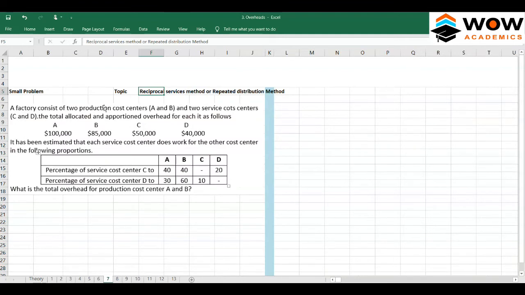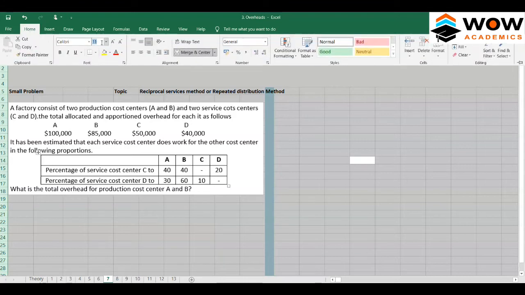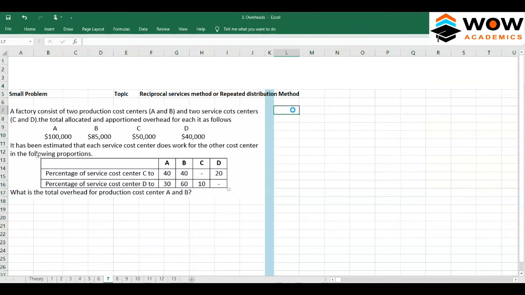So the next method is called reciprocal or repeated distribution method. That is the method's name. Again it's the same problem.